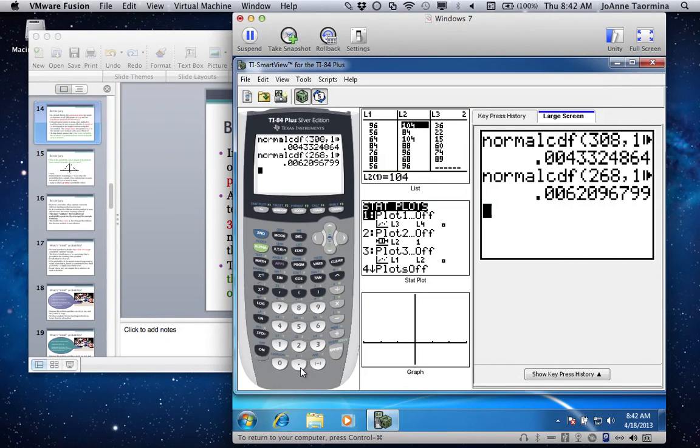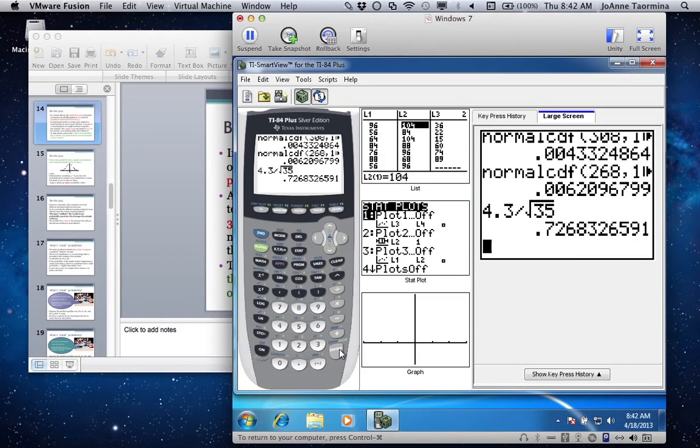That gives 0.7268. So after we have the standard error, we can use normal CDF to find the probability.